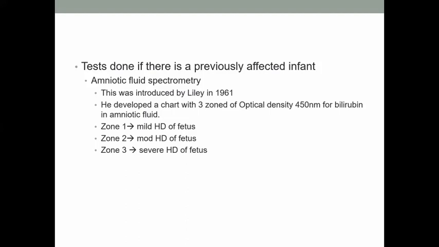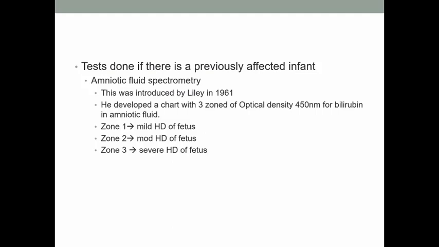So we take a little bit of amniotic fluid and we put it in this chart called the Liley chart, right? In pediatrics, they will teach you the Lilly chart to check for serum hyperbilirubinemia. This Liley chart, which was developed in 1961, has three zones: mild hemolytic disease zone, moderate hemolytic disease zone, and severe hemolytic disease zone.